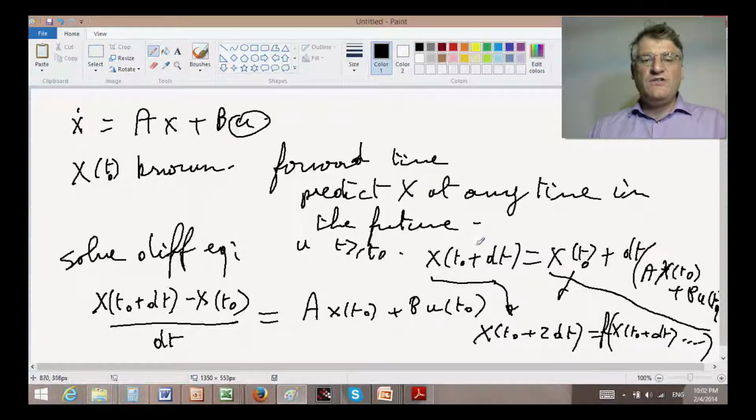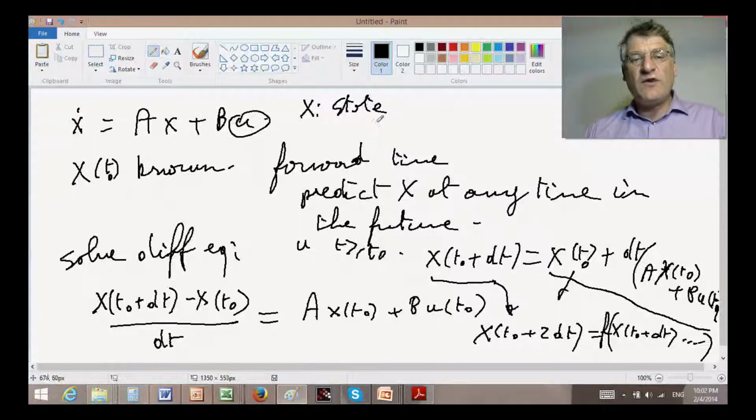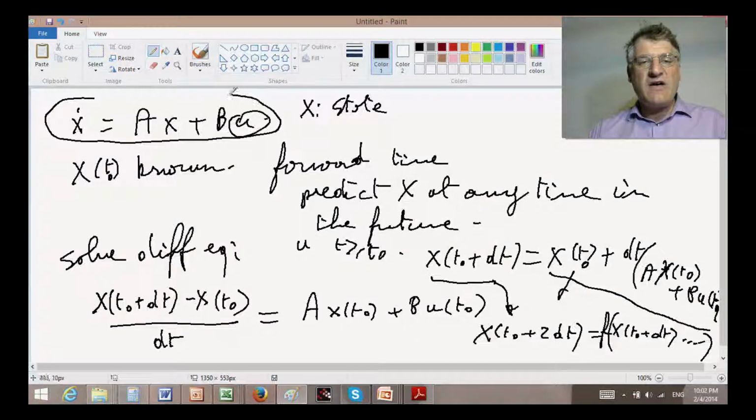So x is the state because it precisely summarizes the condition of the dynamical system at any time, and therefore allows you, for example, to restart your system from that condition.